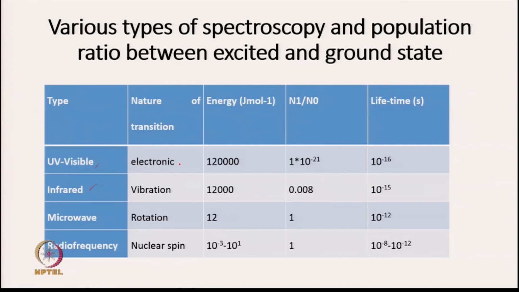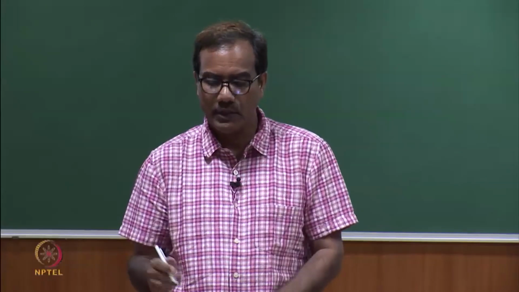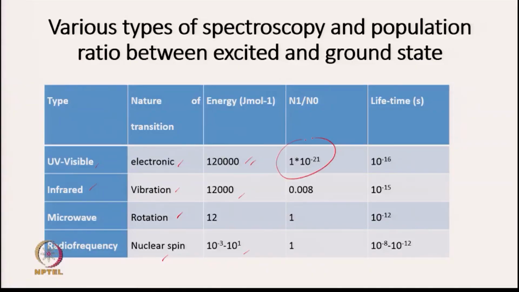The nature of transition is electronic in UV vis, vibrational in infrared, rotational in microwave, nuclear spin in radio frequencies, and the energy of transition is this 120,000, 12,000 in infrared, 12 in microwave, and 10 to the power minus 3 to 10 to the power 1. And if you try to calculate the population ratio between excited and ground state at room temperature, it is going to be this value.